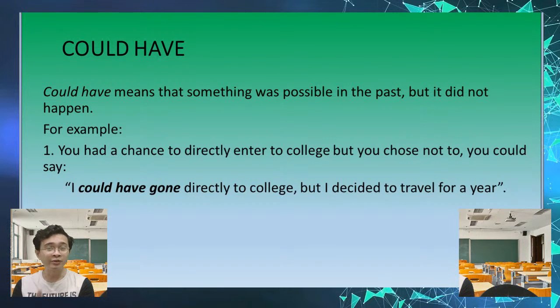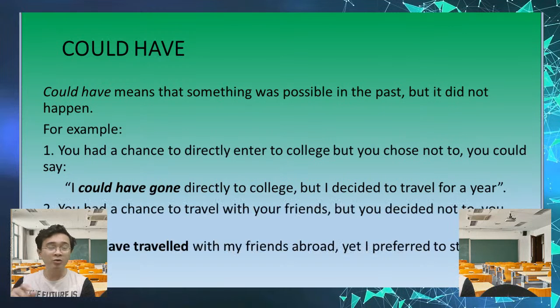And for our second example, you had a chance to travel with your friends. Yes, you had a chance, but what did you do? You chose or decided not to. So you can say, I could have traveled with my friends abroad, yet I preferred to stay home.